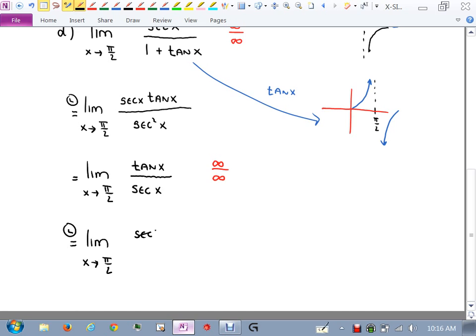Secant squared x over... it's going to be an endless loop, isn't it? This one's going to give us secant x over tangent x. And then the next time we do it, it's going to go back. Do you see we're not going anywhere with L'Hopital? Do y'all see that? So I don't know what you want to write over here.